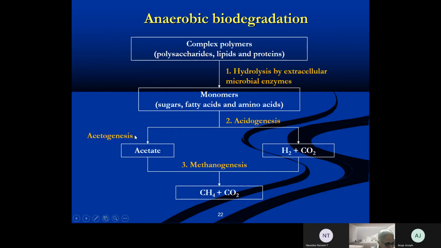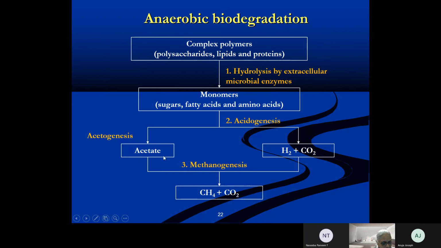So in many cases, it deserves a separate name for itself because the group of bacteria that are involved in generation of acetate are called acetogens. So there are all kinds of bacteria. It's a microbial consortium that is responsible for this entire process. It is not done by one type of bacteria. There are several groups of bacteria that are involved in anaerobic digestion.